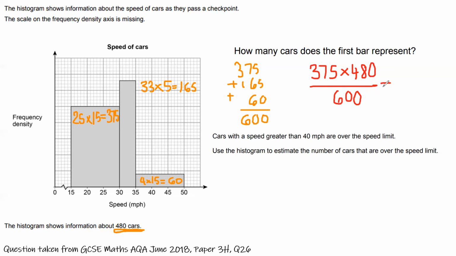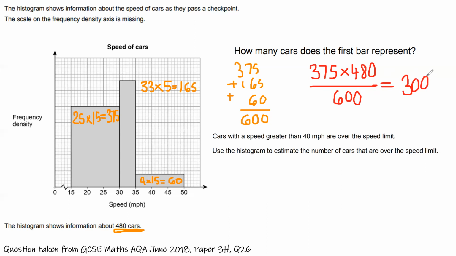So basically, we're using it as a fraction. We know that 375 out of 600 blocks are in this first bar. To work out the number of cars, we then do that times 480, and if we do that, we end up with 300.